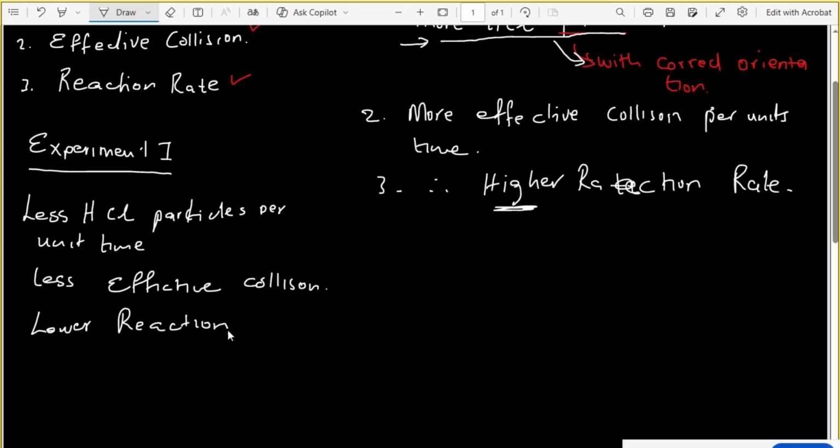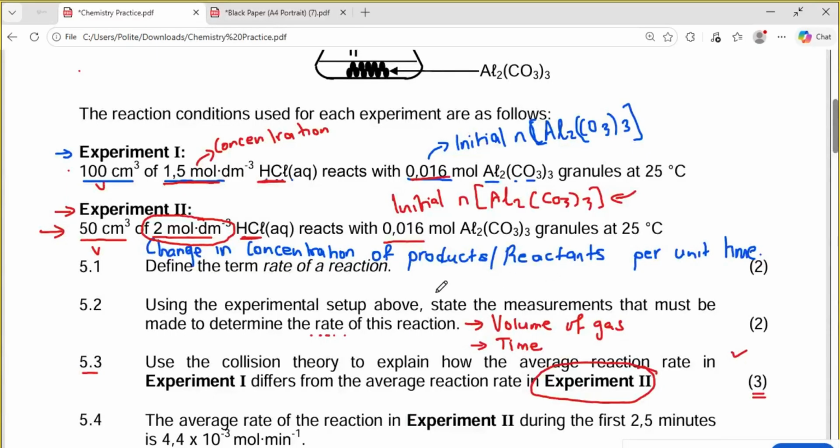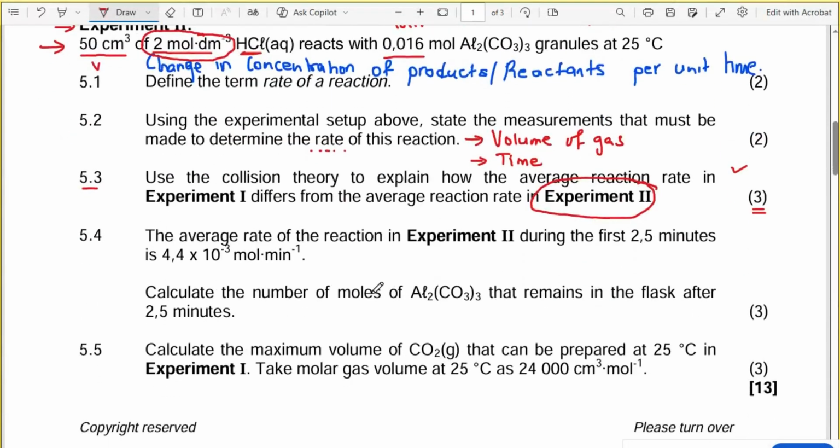You understand? In experiment 2 you just talk about the opposite of that. Okay, I get it. All good? You still happy? Yes, sir.